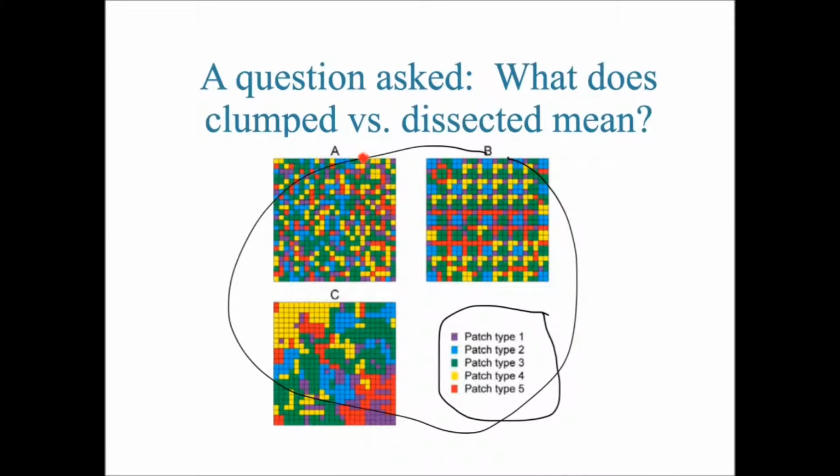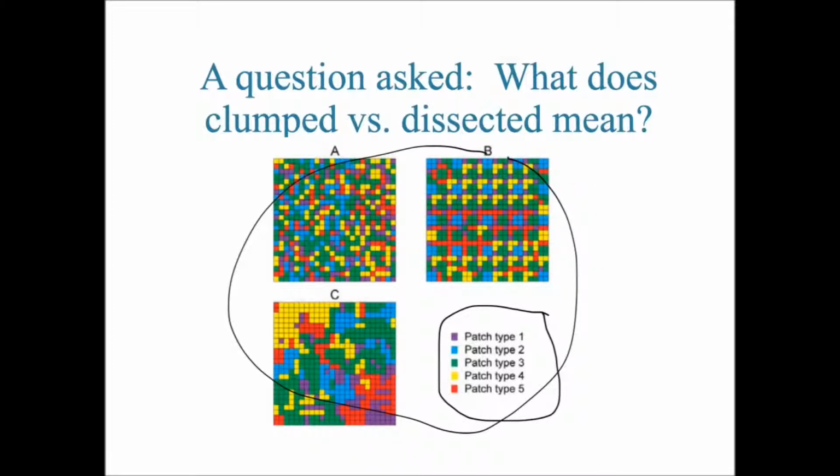So in landscape A, the different patch types are pretty dispersed. We might call this a heterogeneous landscape. It has a lot of heterogeneity in that the patches are dispersed from one another. We can measure this by distance between patches of the same type, for example. And it's a bit random.